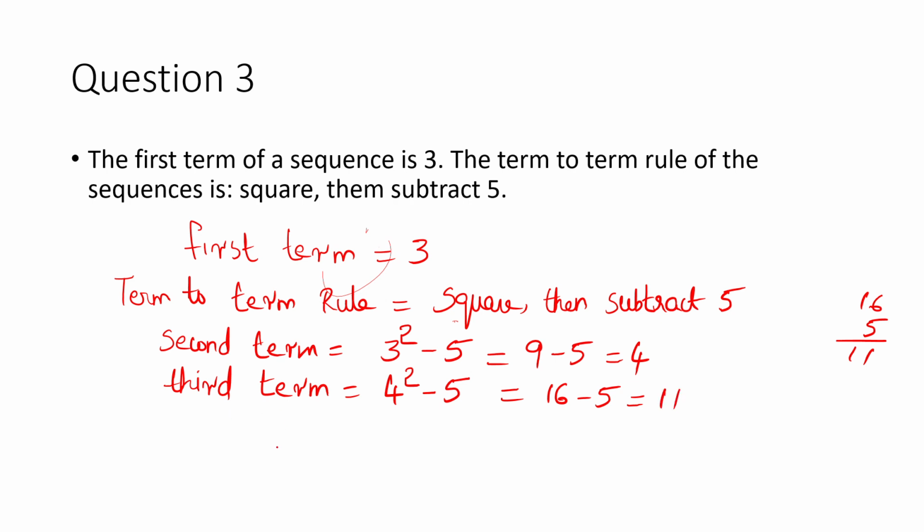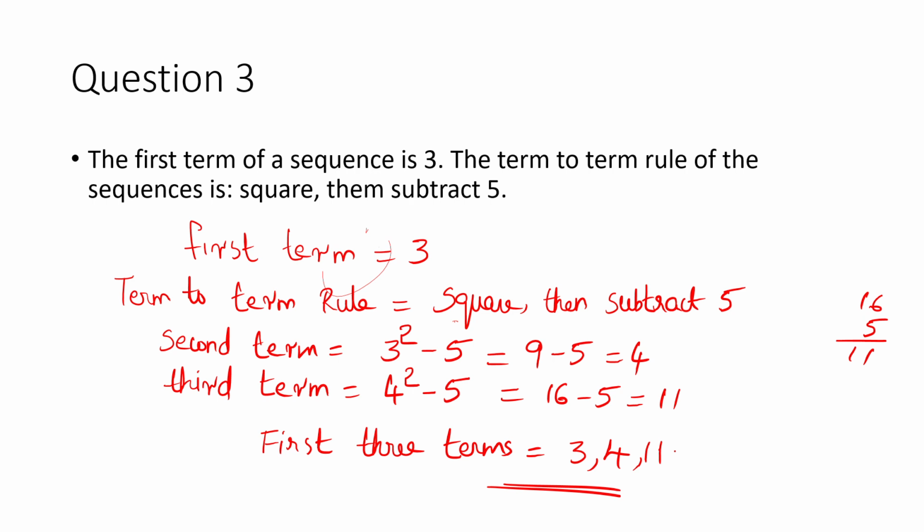So what are the first 3 terms? First 3 terms equal to 3, then 4, then 11. Okay. So this is the last question.